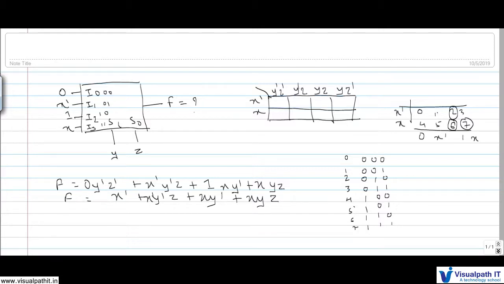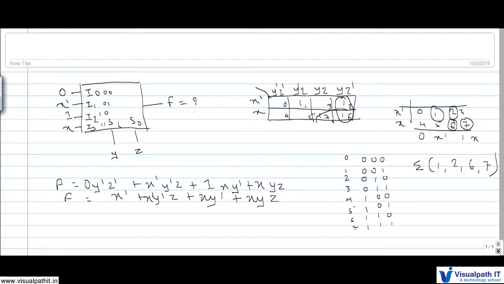And x dash when this is encircled, and 0 for this. So I will have these terms 1, 2, 6, 7. Now I can put this 0, 1, 3, 2, 4, 5, 7, 6, 1, 2, 6, 7.